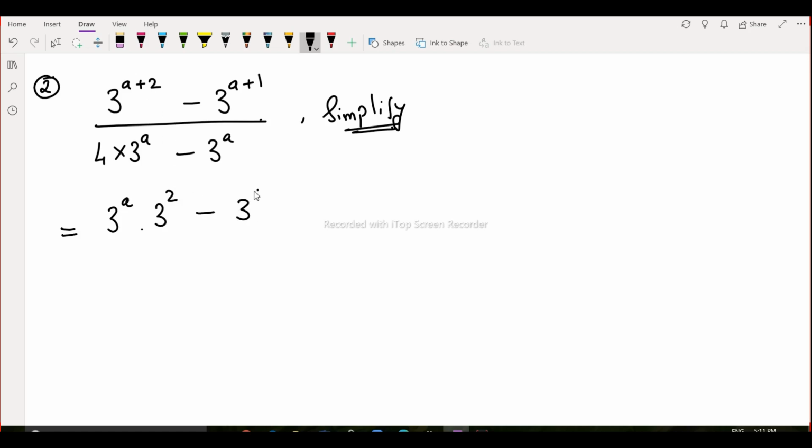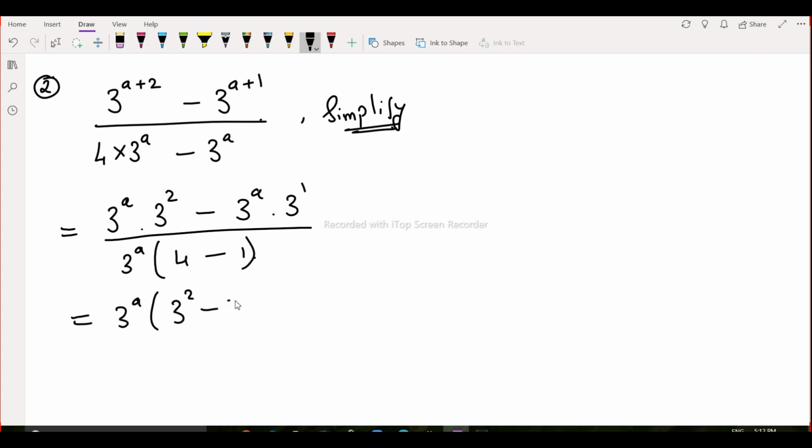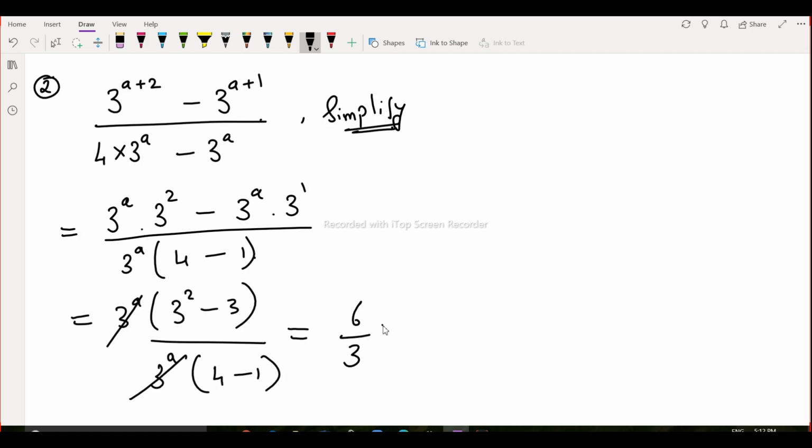I can take 3 raised to a common, so I'll have 3 square minus 3 upon 3 raised to a times 4 minus 1. This gets cancelled. So what we get is 9 minus 3, which is 6. 6 divided by 3 which is 2.